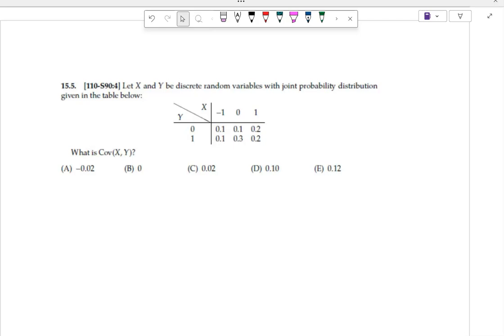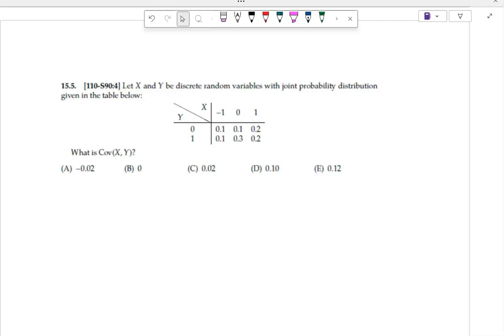Your x's go either -1, 0, or 1. Your y's are either 0 or 1. This particular one asks you what is the covariance. Well, let me ask a different question to start with. I know it's not related to this problem, but are these two variables independent?